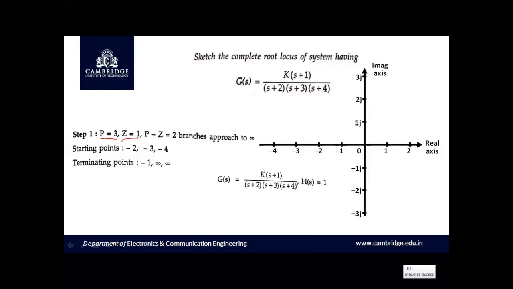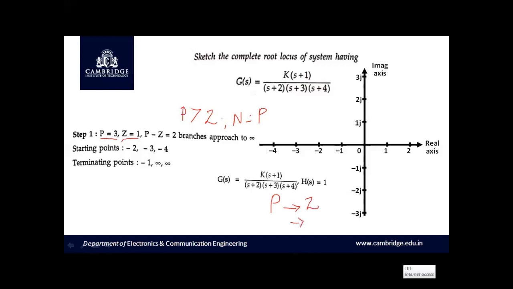The number of root locus branches is equal to the number of poles of the open loop transfer function. That is, as P is greater than Z, N will be equal to P, where N represents the number of root locus branches. Out of these N branches, Z of the branches emerging from open loop poles will terminate at the zeros.